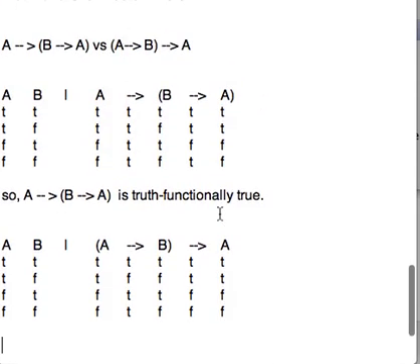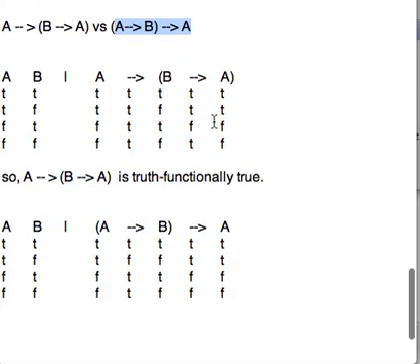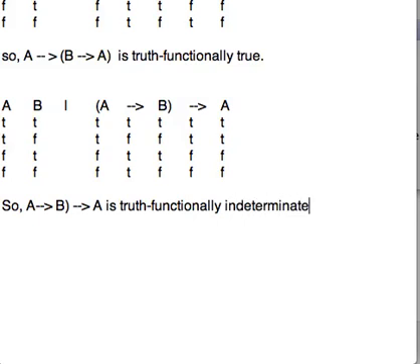In other words, this sentence here is truth functionally indeterminate. And the definition of indeterminacy is just that it's not truth functionally true or truth functionally false.